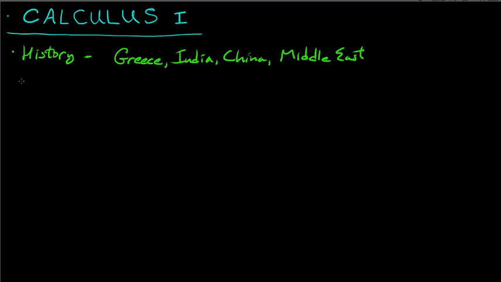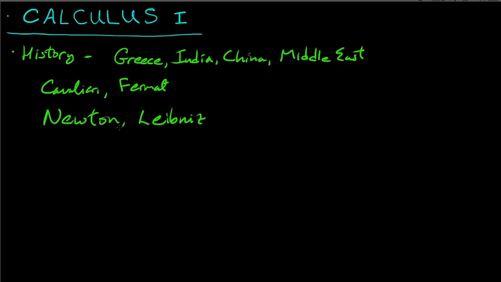Around 1500, 1600 in Europe, you had Cavalieri and Fermat and a few others who put some more ideas together. Of course, then Sir Isaac Newton and Gottfried Wilhelm Leibniz.